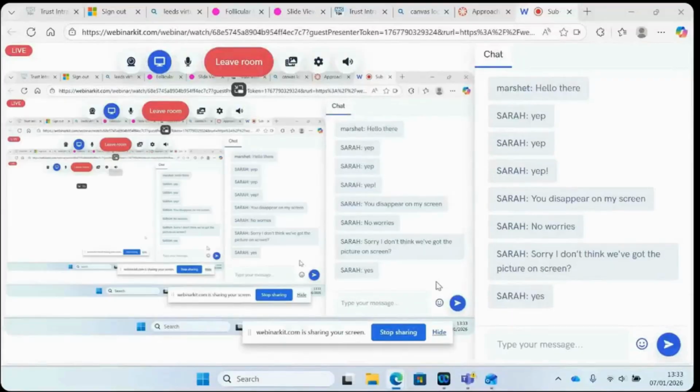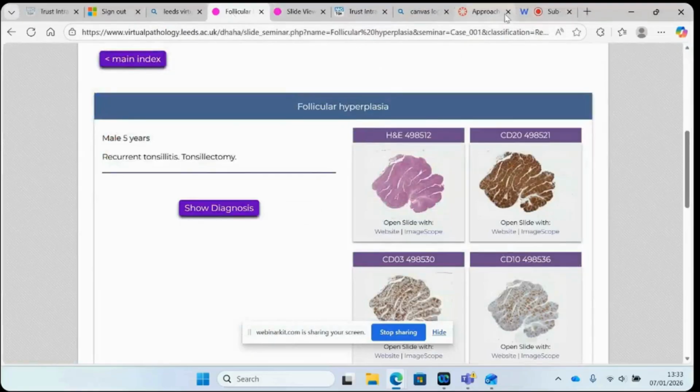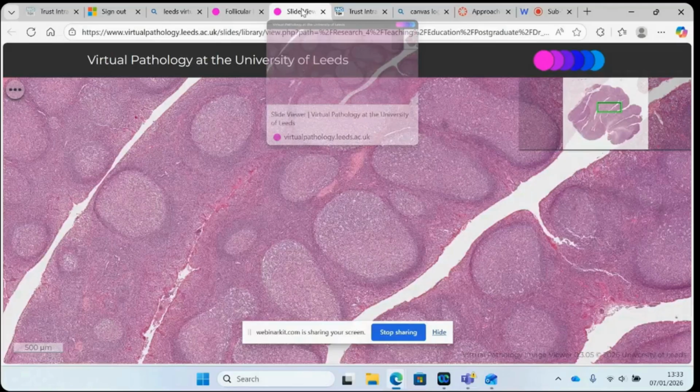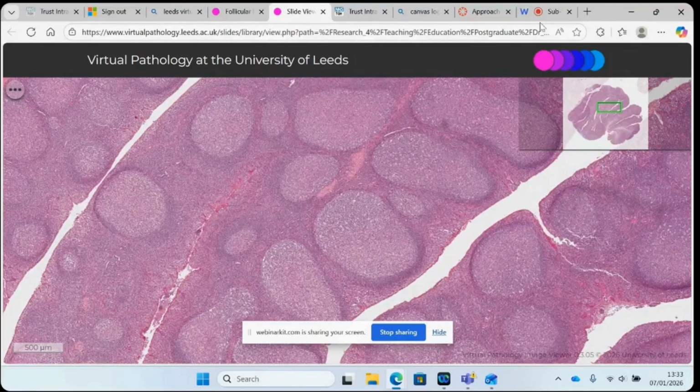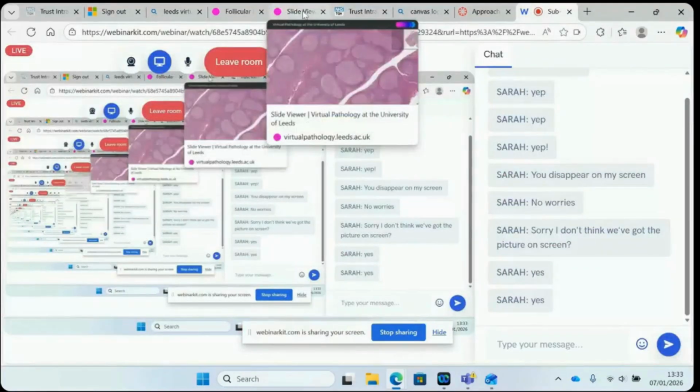So if I share the entire screen, can you see my entire screen now? If I go to this, can someone see the follicular lymphoma? Yes. And now has the lymphoma gone?